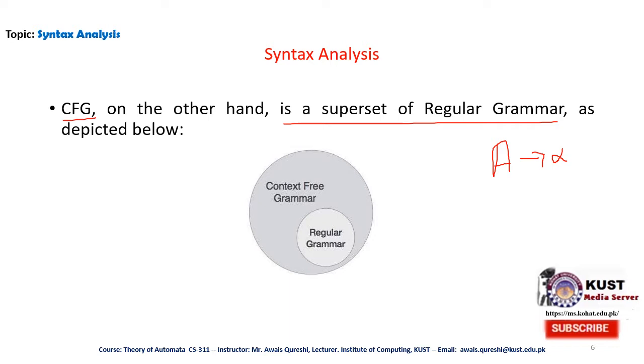Hence you can see that regular grammar is a subset of context-free grammar. Regular expressions are the basis of lexical analysis, and they represent regular languages. On the other hand, context-free grammars are the basis of parsing, and they represent language constructs. So context-free grammar is a superset of regular grammars.